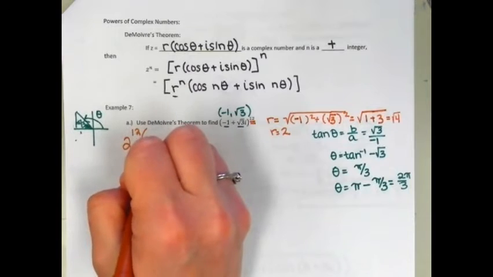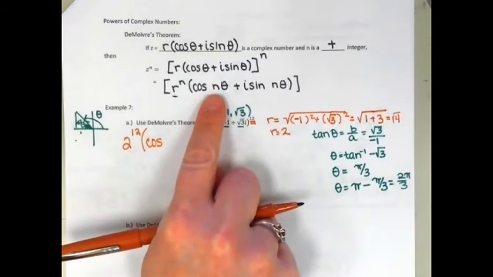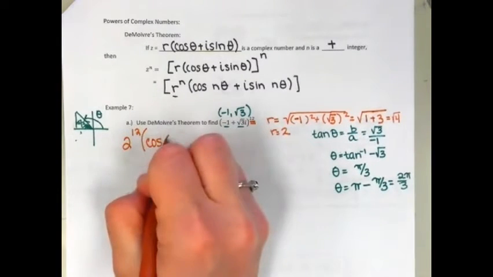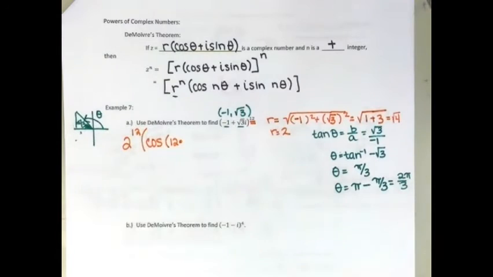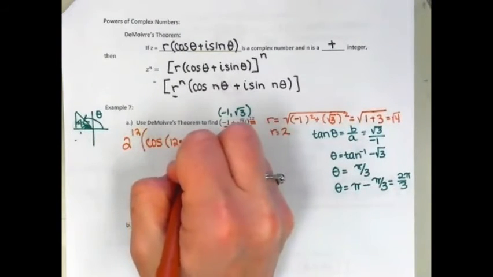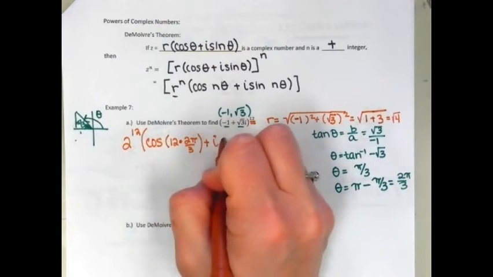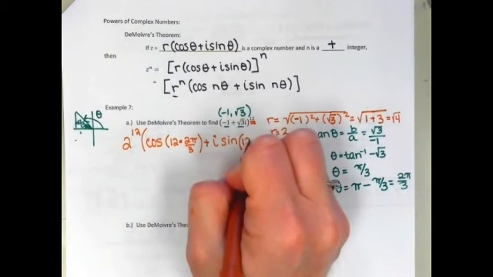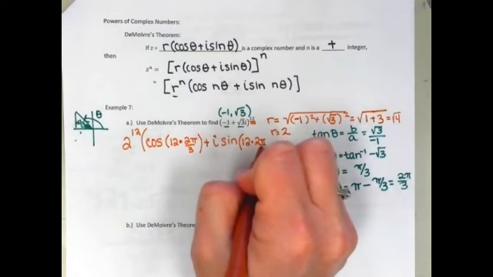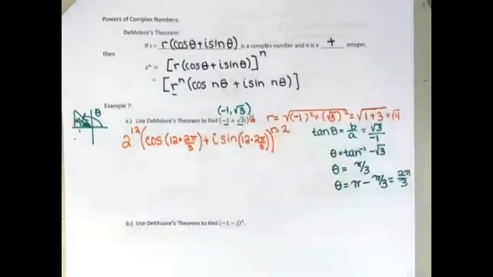Times cosine of n times theta. What's my n? 12. And what's my theta? 2 pi over 3. Plus I times the sine of n, which is 12, times 2 pi over 3. You guys okay with that?